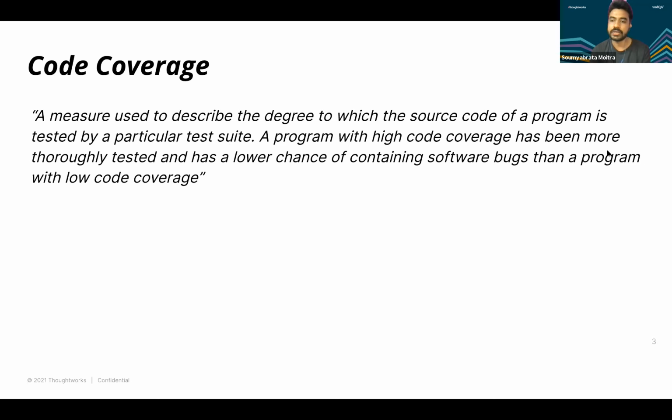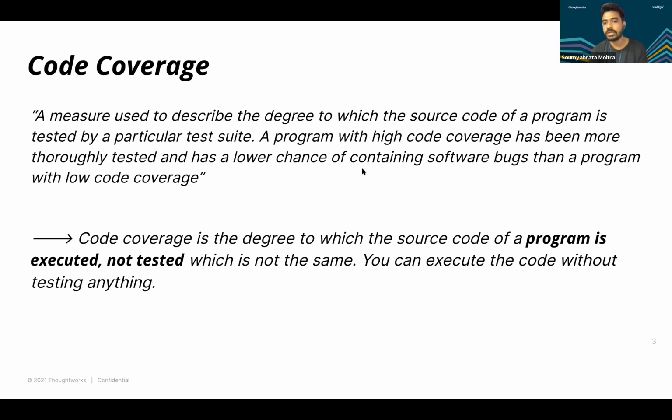A program with high code coverage has been more thoroughly tested and has a lower chance of containing software bugs than a program with low code coverage, right? But we beg to differ a bit from this statement.